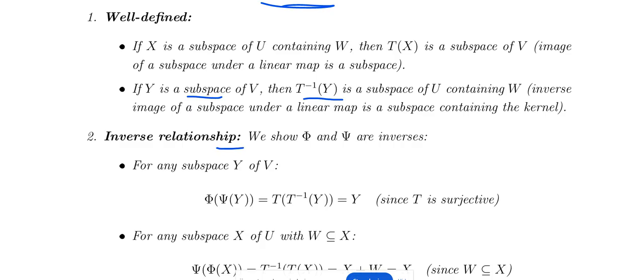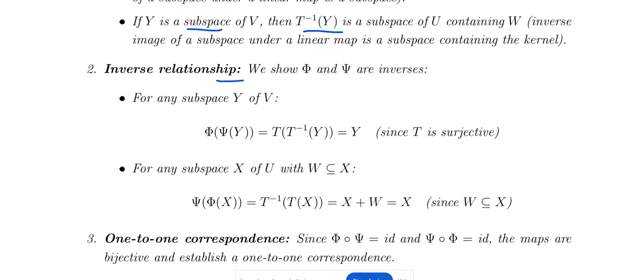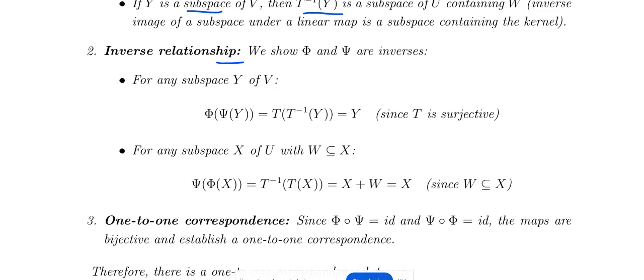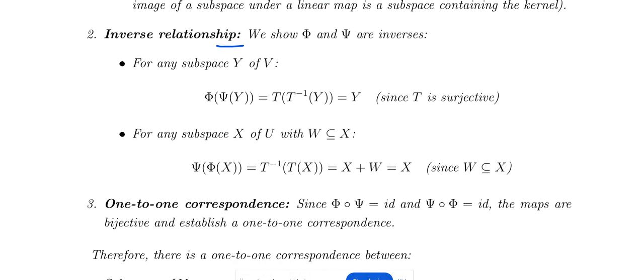So inverse relationship பார்த்தீங்கன்னா, pi and psi are inverses. So எப்படி செக் பண்ணலாம்? pi of psi என்ன வரணும்? ஐடென்டிட்டி வரணும். இப்போ pi of psi of y னா y வரணும்.